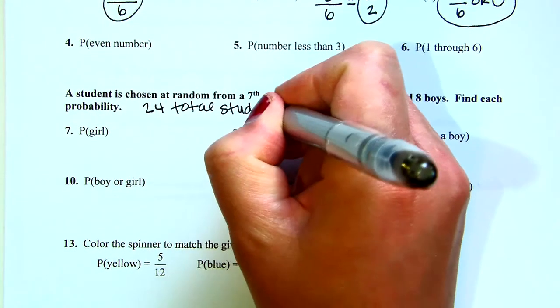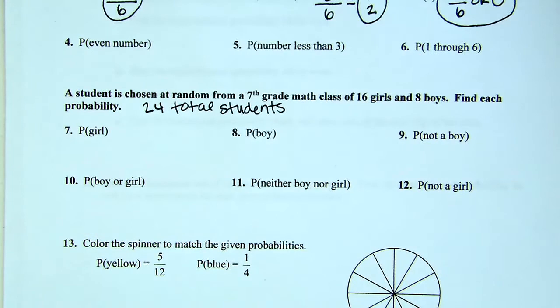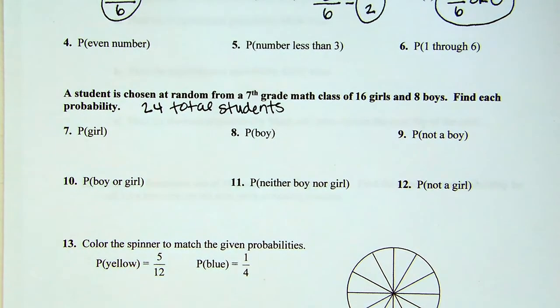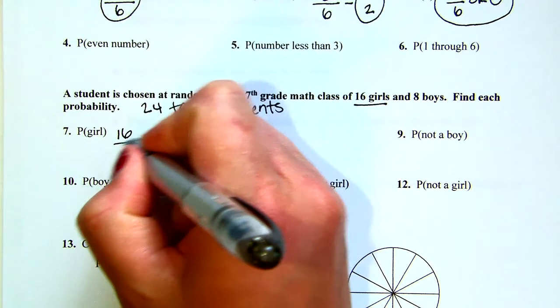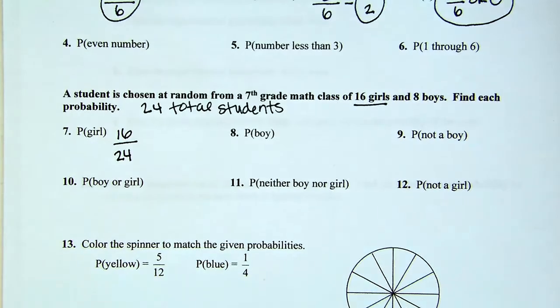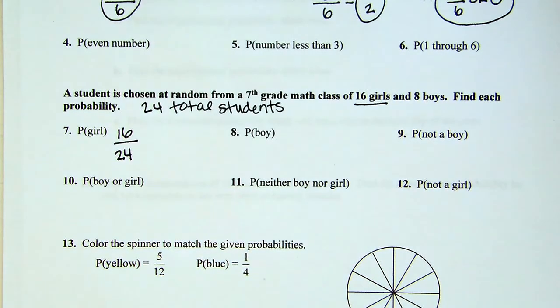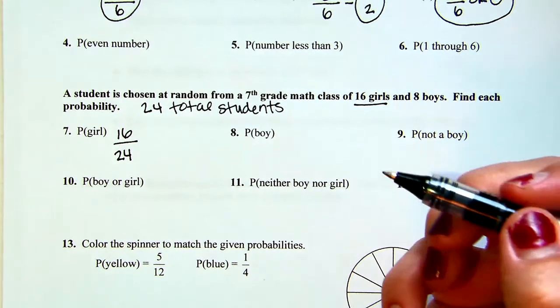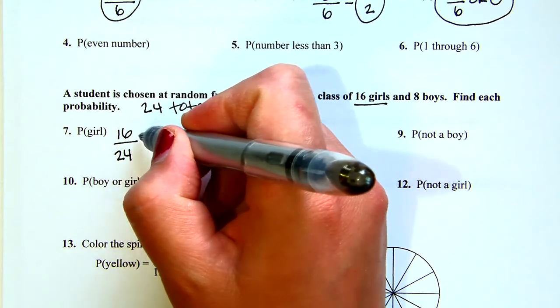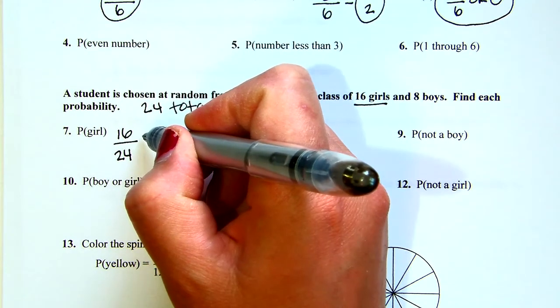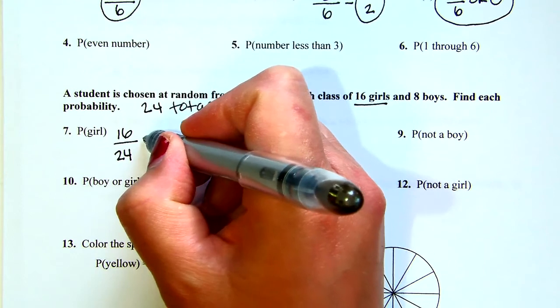So if I want to know what's the probability that I'm going to choose a girl out of the class, there are 16 girls out of 24 students. So I'm going to write 16 out of 24. And in this case, I'm going to reduce. So 8 goes into both 16 and 24. And when I do that, I get 2/3.